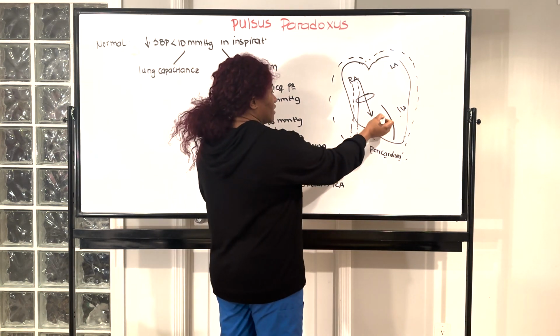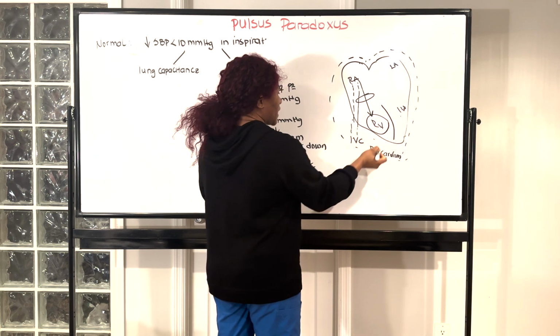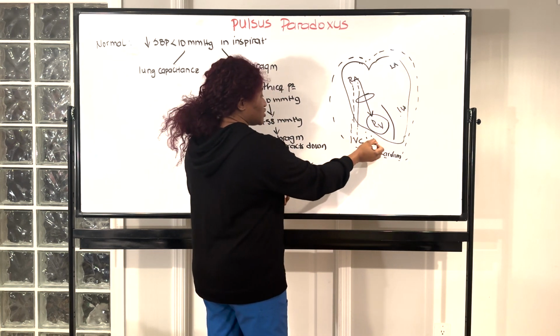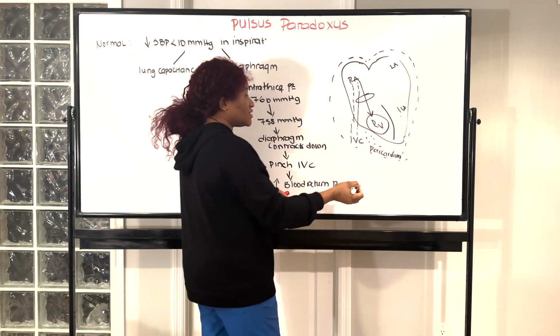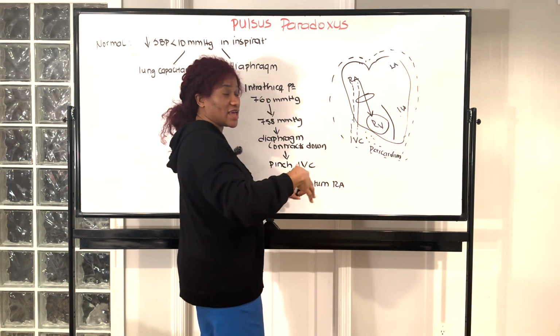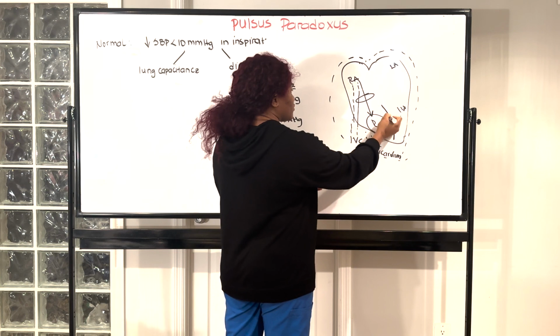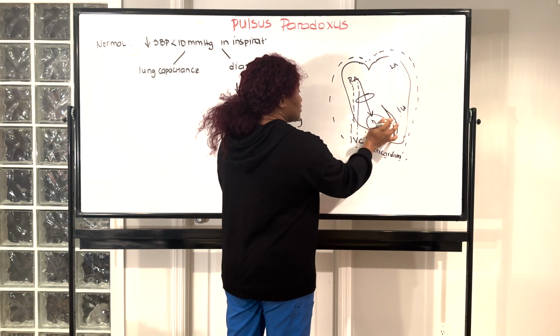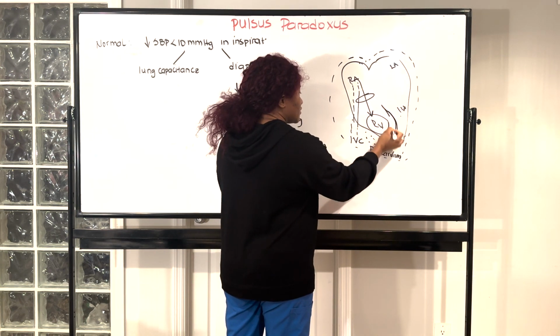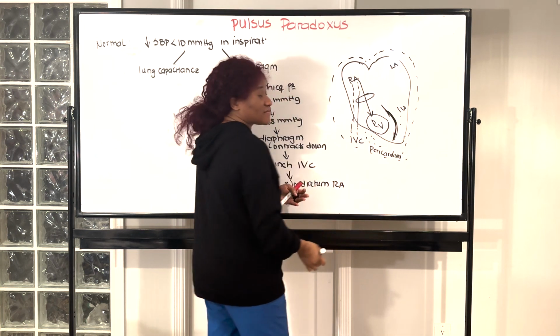So when we have a lot of blood return here, and because we have this cushion of a little bit of fluid, the right ventricle is going to extend, not much, but just enough to reduce a little bit the space of the left ventricle here.